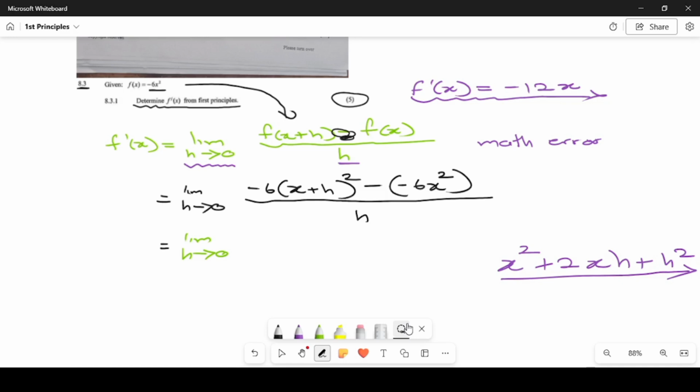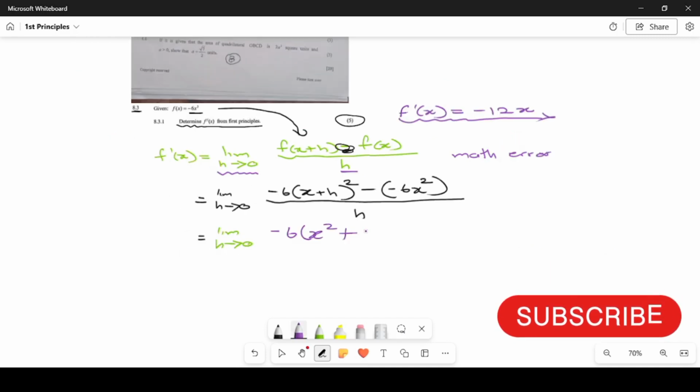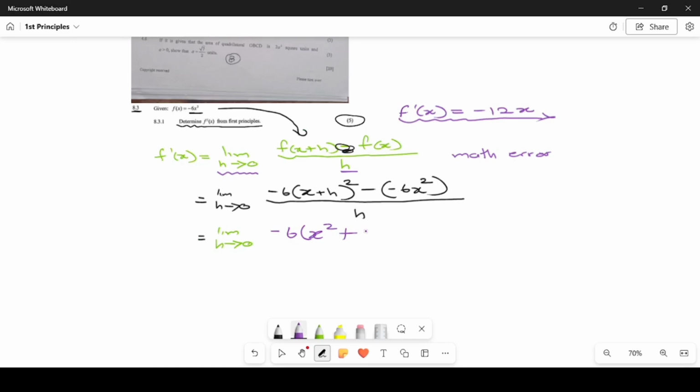We have our minus 6 over there, and now we need to do what I showed you, to say x squared plus 2hx, plus h squared. And then we say minus, but now we don't need to say minus and then put the bracket again. We can just multiply that minus into there, and we'll have plus 6x squared. Just let me fix the screen here.